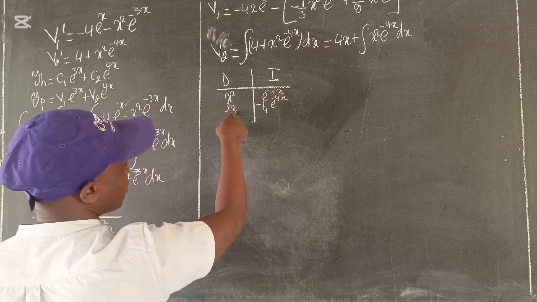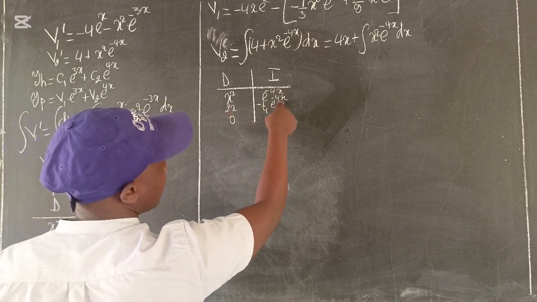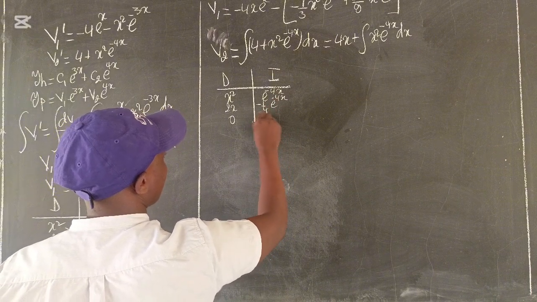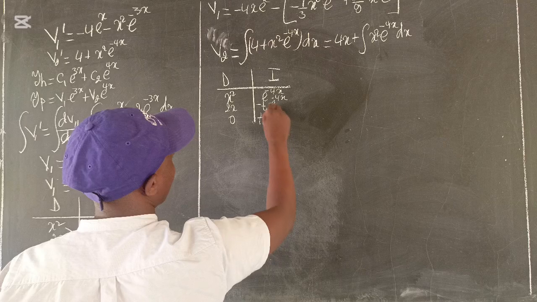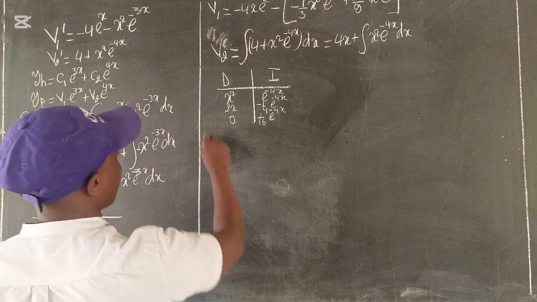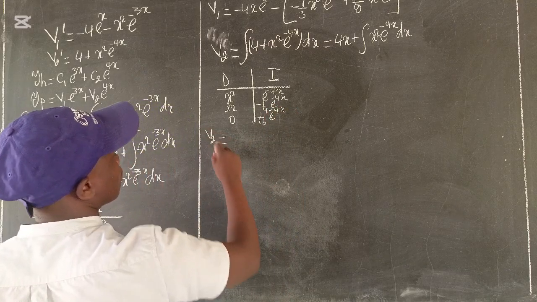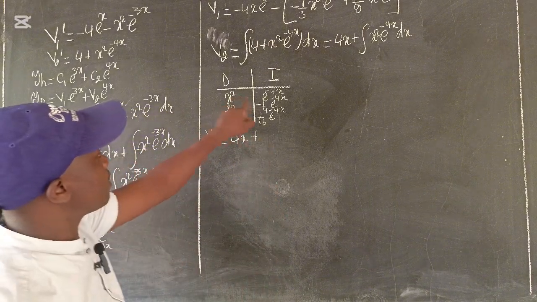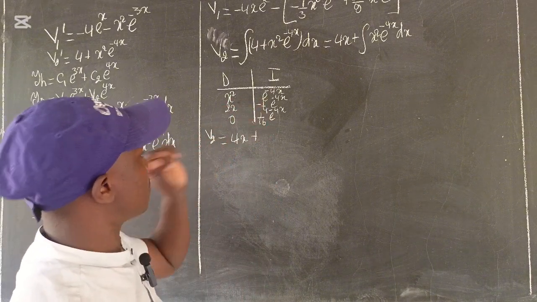The derivative of this is 0, while the integral of this is, this times this is 1 by 16 times exponential of minus 4x.